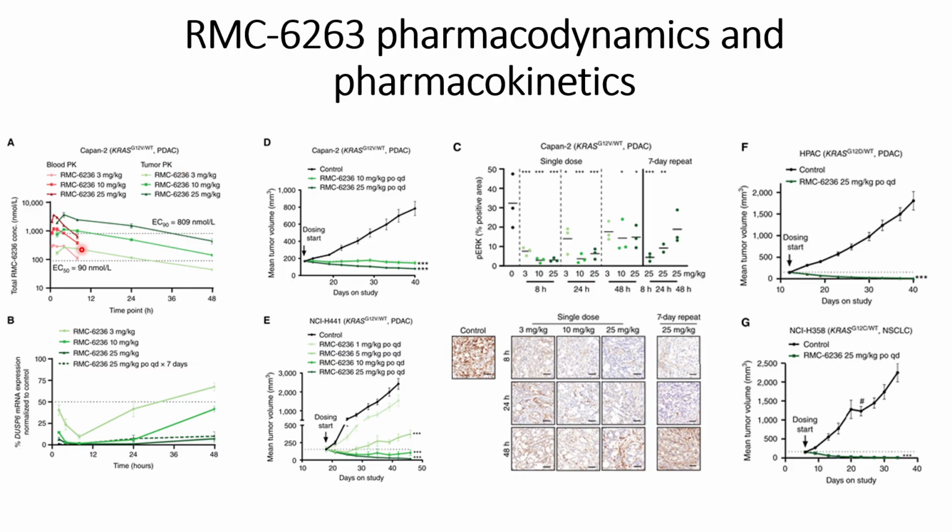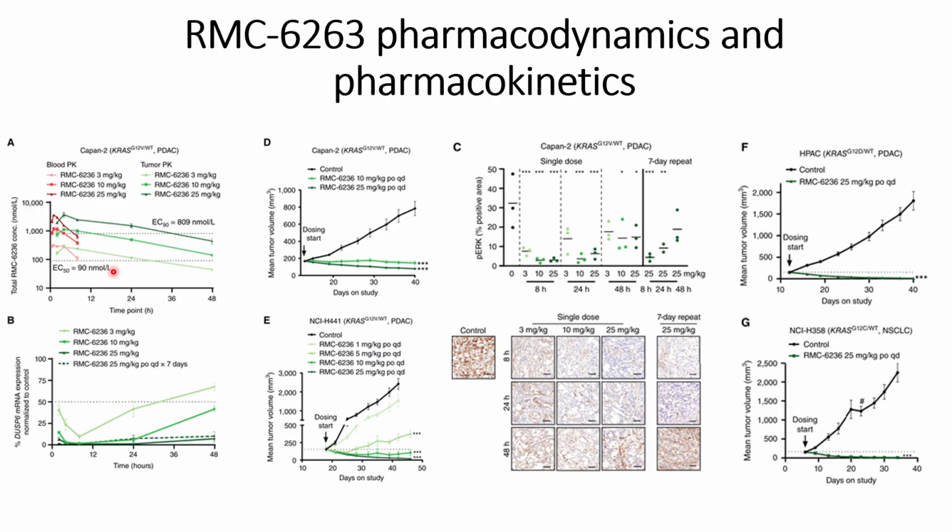So here we can see that in the blood the levels of RMC-6263 go down in less than 12 hours, whereas in the tumors it continues to remain even after 48 hours.